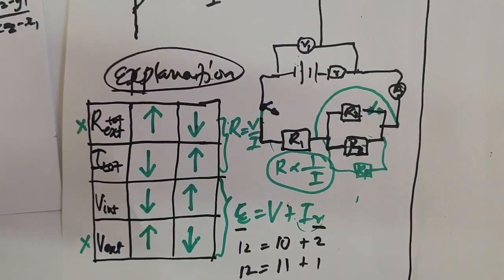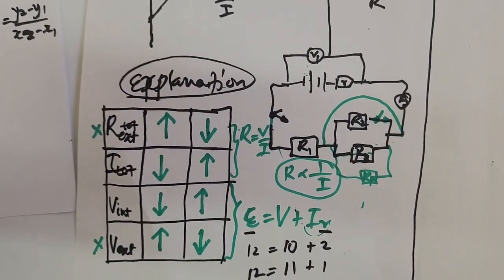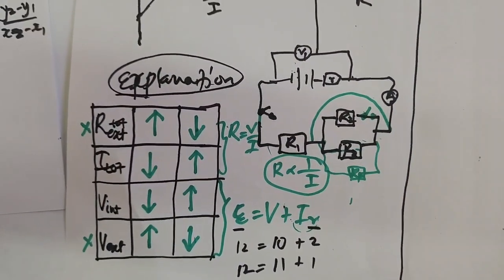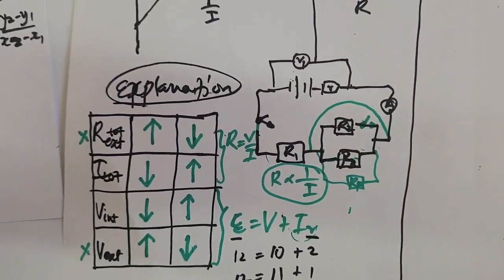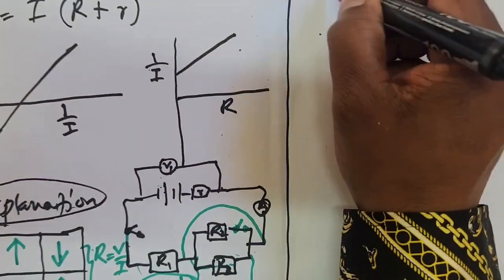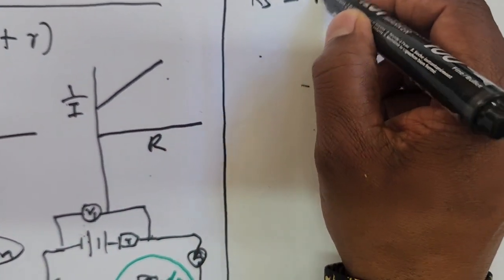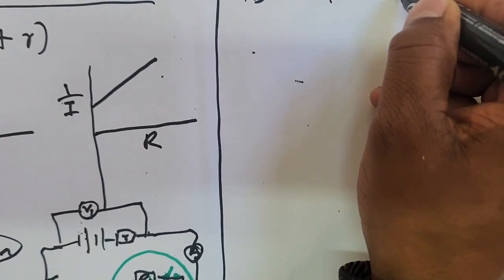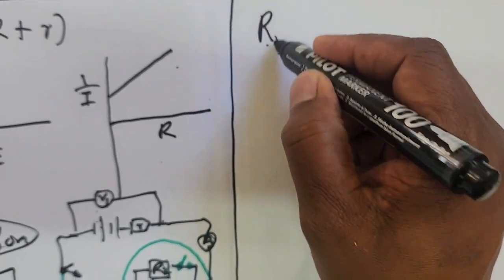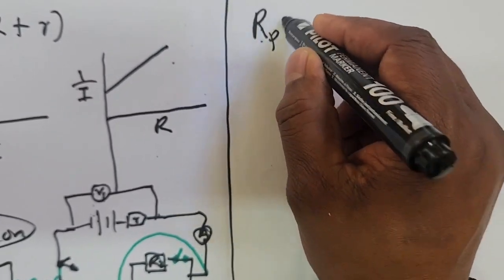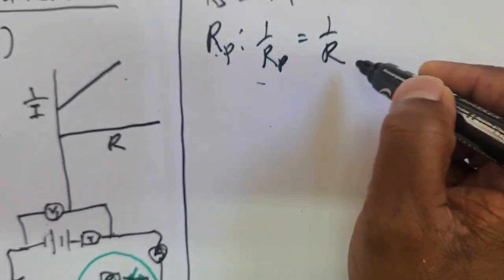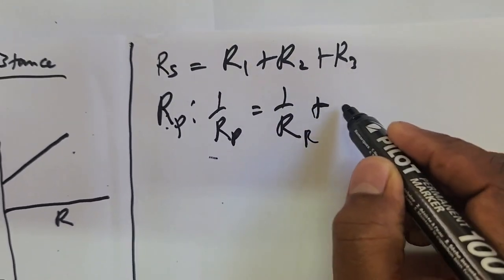We are going deeper into calculation. I think explanations now at least are clearer. We know the formulas that are involved, and in a nutshell, there is a formula for series, which is R equals R1 plus R2 plus R3. For parallel, we can use the traditional one: 1 over R parallel equals 1 over R1 plus 1 over R2.